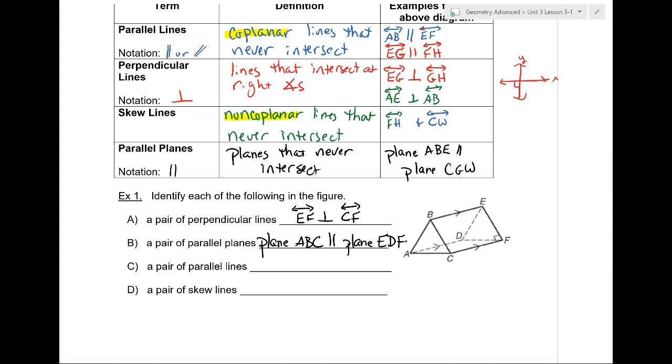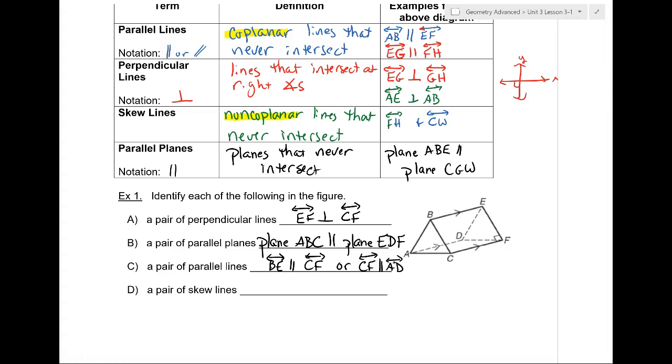All right, I need a pair of parallel lines. A pair of parallel lines. Katie. Yeah, that totally works. So line BE is parallel to line CF. Now, could I have also maybe done line CF is parallel to line AD? Would that be okay too? Yeah, because they have the same arrow marks, so we know that they're parallel, and they lie in the same plane.